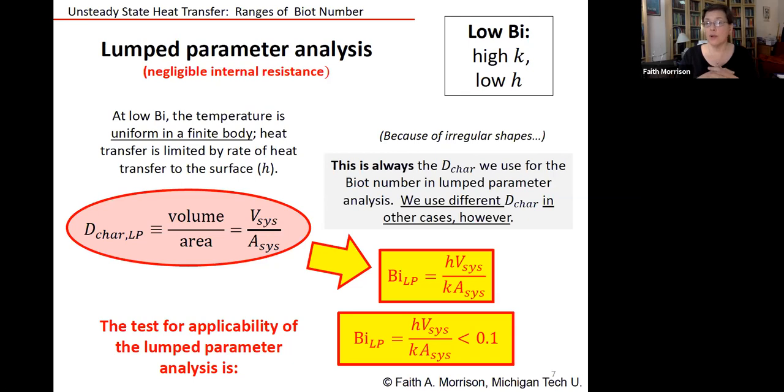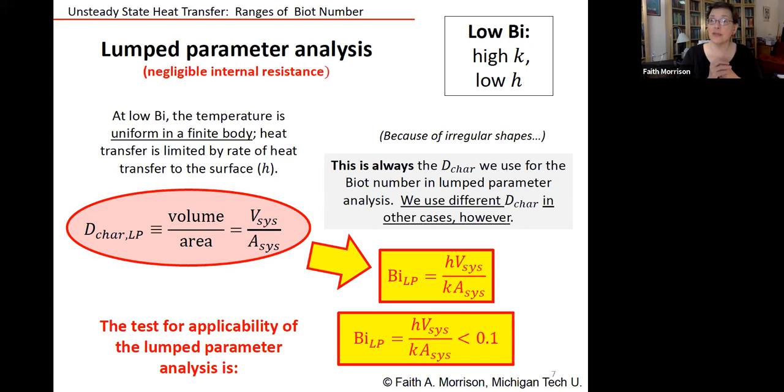This is the case that we kind of talked about before. We did an example when we studied the macroscopic unsteady state heat transfer. We were talking about an object in a manufacturing site that was hot, and it got pushed out into an airstream that was cooling it. And we didn't worry about the temperature distribution inside the part.